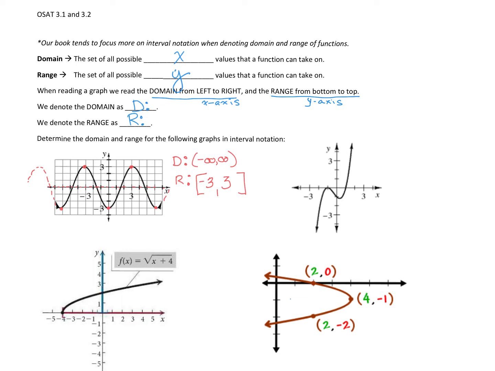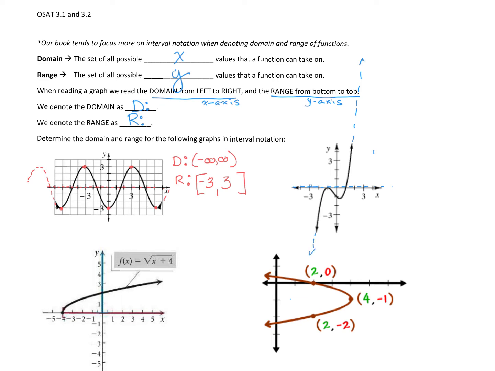Let's look at our next example. This one also has arrows on the end. So it might appear that this is stopping here at -3 on the x-axis. But in truth, if I was here at 3, it's going to keep going. It's just going to take a long time to get over to the -3, and same for the other one.